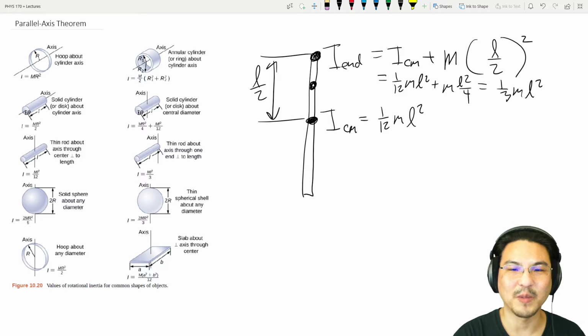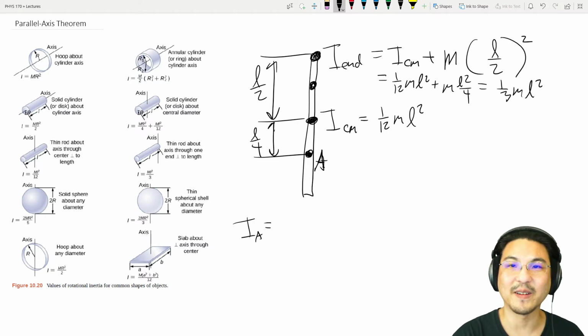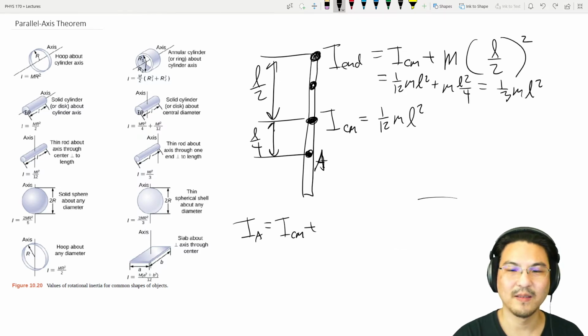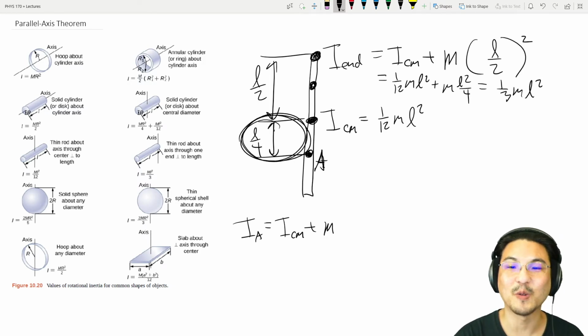Okay, let's pick another example. Let's say I have over here point A, which is, let's say, L over 4. So what's the moment of inertia about point A? I guarantee you it's more than the center of mass plus extra. How much extra? The mass of the bar times the distance between the two parallel axes squared.